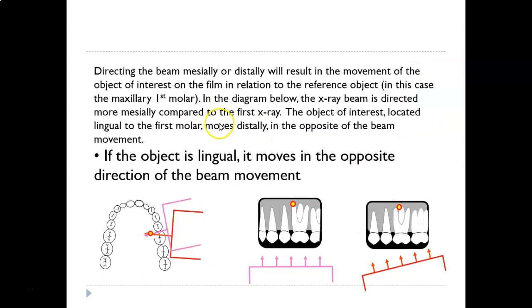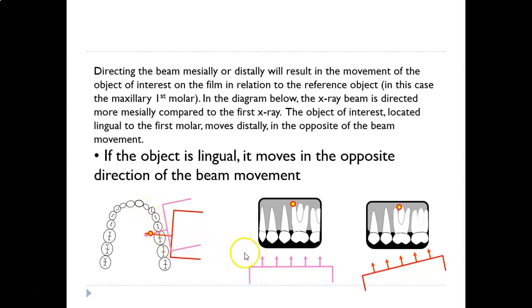So then we look at this next one. This is demonstrating here. We take our first picture with the pink, and here's our object hovering over the distal root with the pink. And now, instead of our angulation going straight through the contacts, we move our beam, or our BID, we move it mesially. So we turn the BID more in an anterior or a more mesial direction.